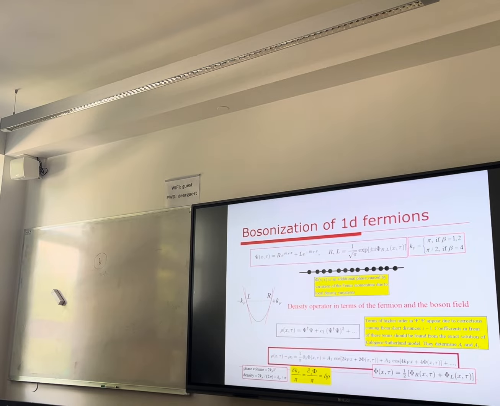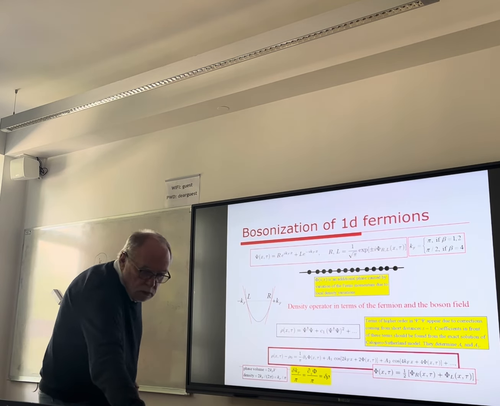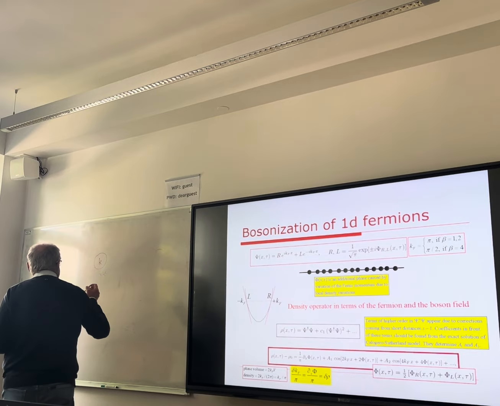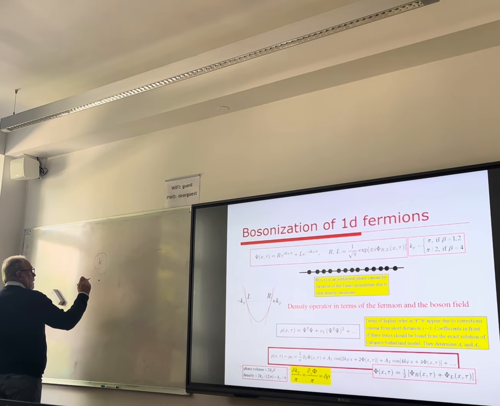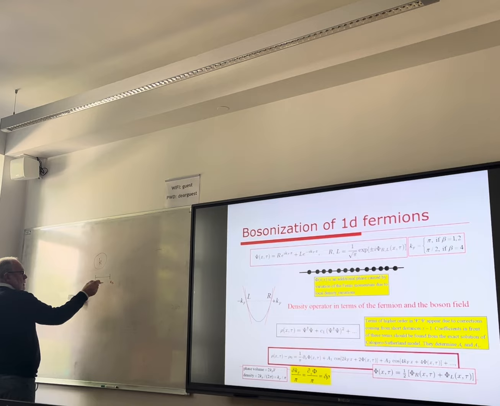I mean, why not throw out what is not functioning? If it is one-dimensional, then it is just the segment from minus K Fermi to K Fermi, and the volume of this is 2K Fermi.